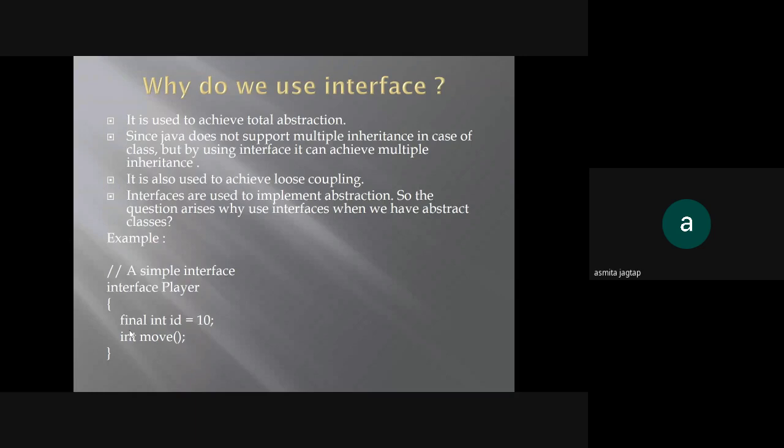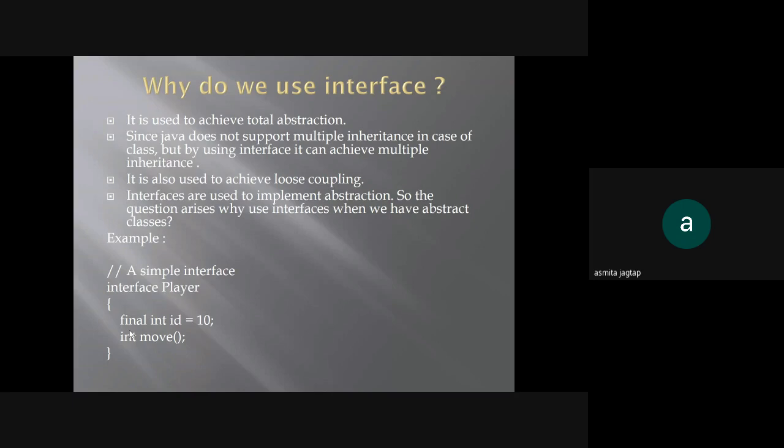Before Java 7, I guess, we had only final and abstract methods in the interface. Now there are concrete methods, we can declare a default method and also a static one. I will cover this in the next couple of minutes.